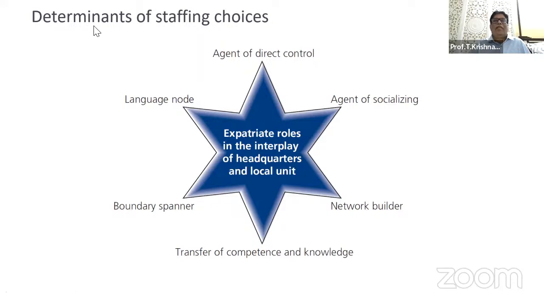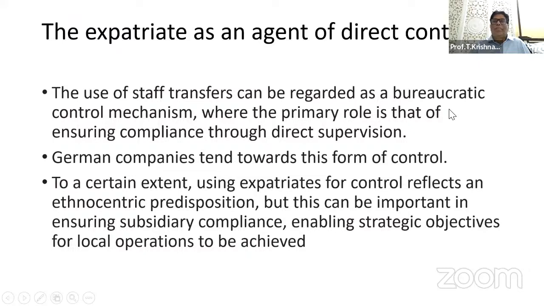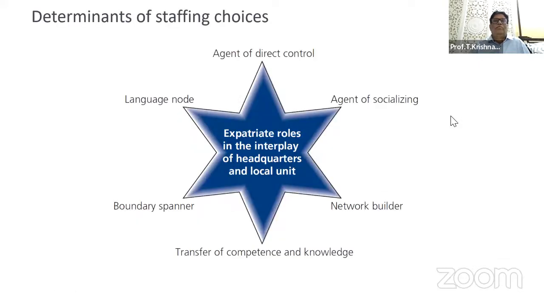I think these are some of the things we need to discuss. The first one is agent of direct control.